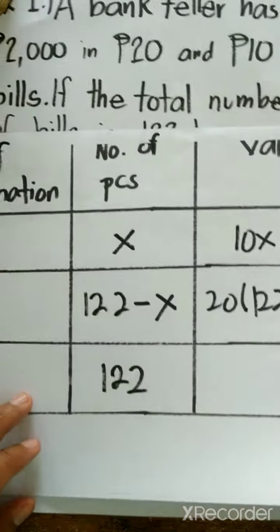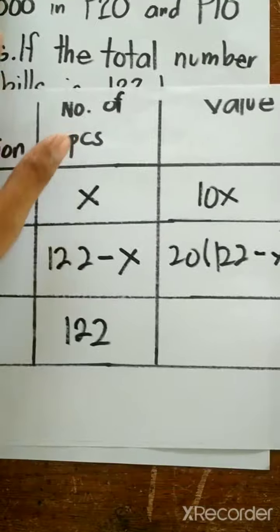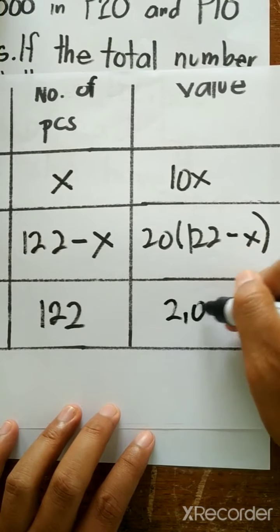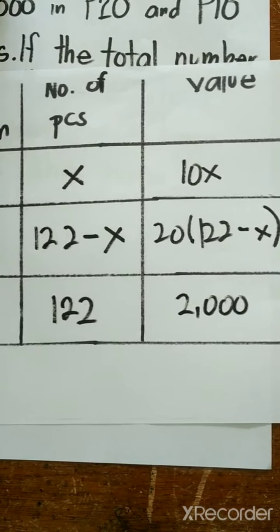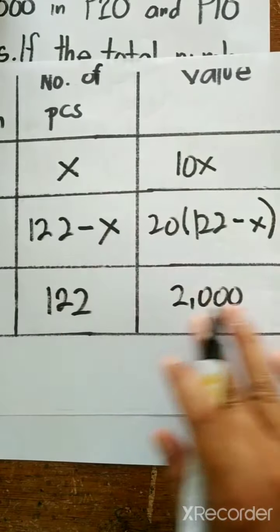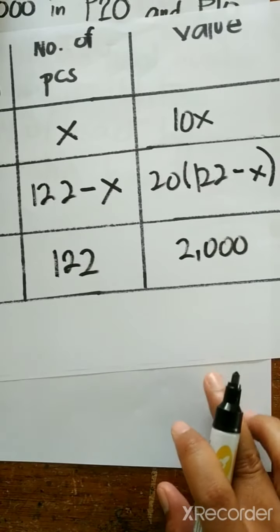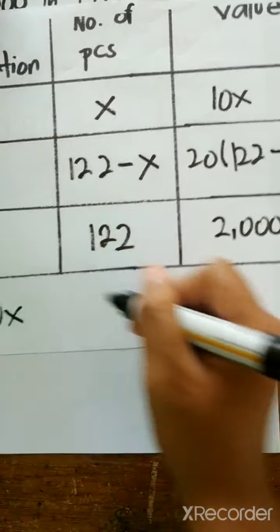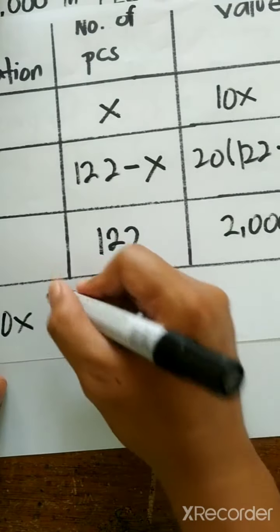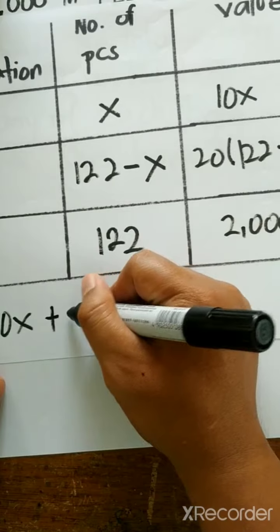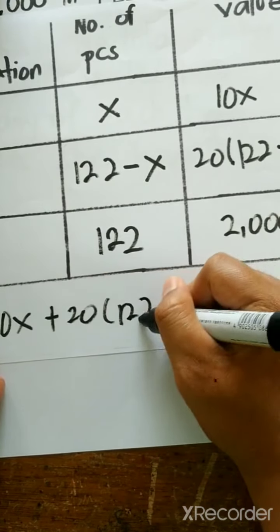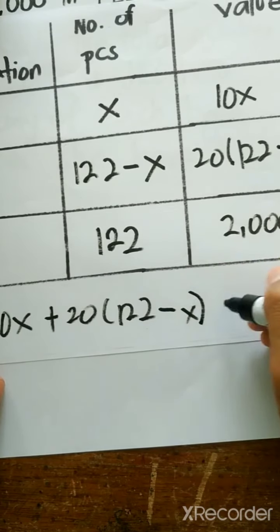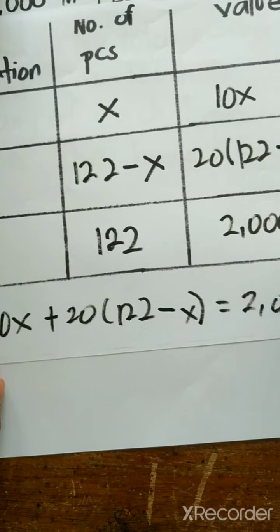And we have our total value, 2,000. So we are going to equate in terms of our value side. We will have 10x plus 20 times 122 minus x equals 2,000.